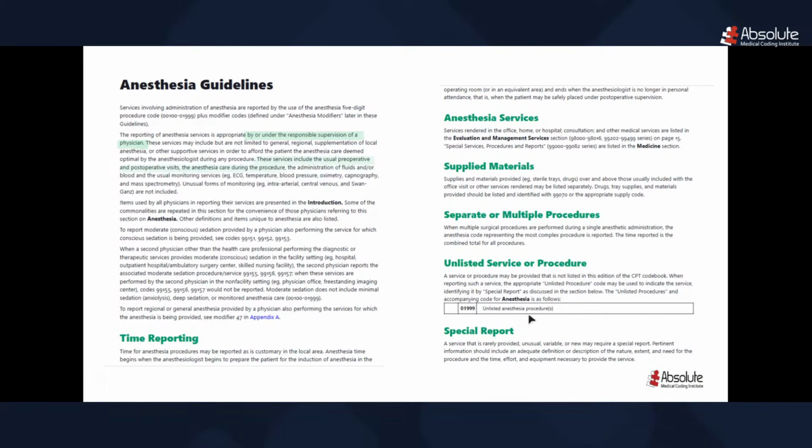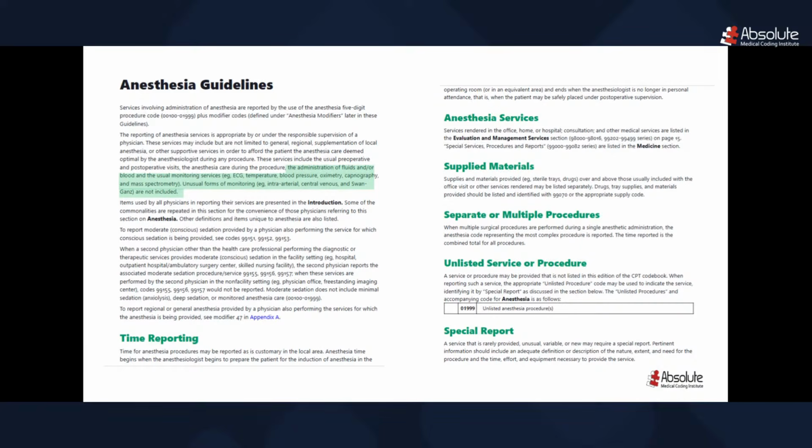In the next section, we will look at what is bundled, or included, in the anesthesia codes. In the beginning, I told you anesthesia services include preoperative care, the pre-anesthesia evaluation, and intraoperative anesthesia care that includes standard monitoring such as ECG, blood pressure, temperature, pulse oximetry, capnography, and mass spectrometry.